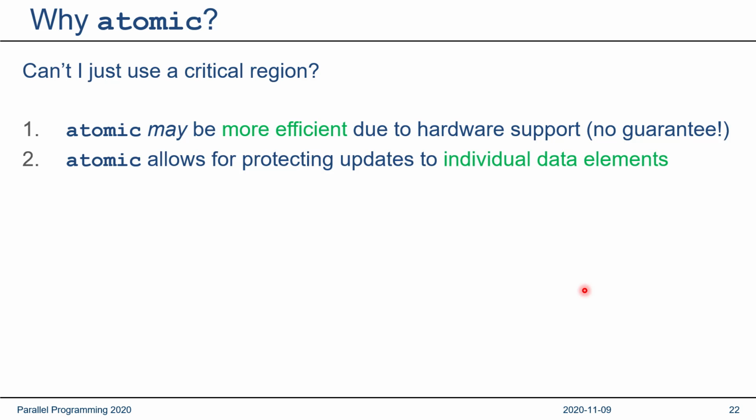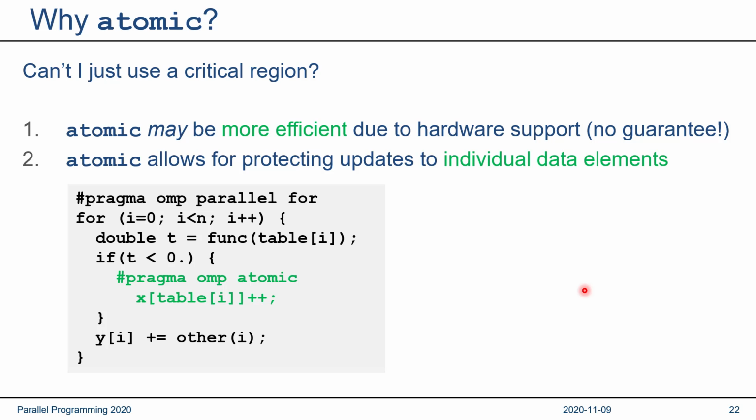Secondly, and probably more importantly, atomic allows for protecting updates to individual data elements, which critical regions cannot do. It's just more flexible. Here's an example.